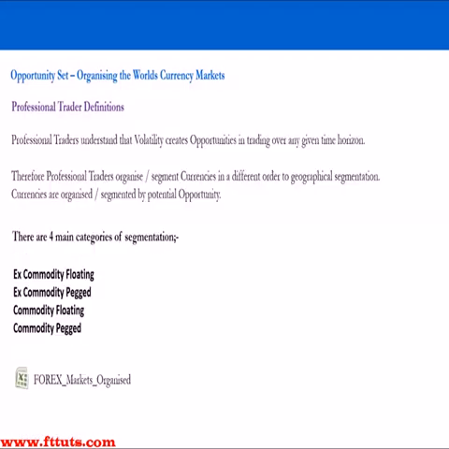Now, as professional traders, we've mentioned or briefly skimmed over this, that as professional traders, what really matters to us is volatility. So when we define currencies, we don't really care that a country is in the G10 or not. Why would we care? As traders, what we're seeking out is volatility.